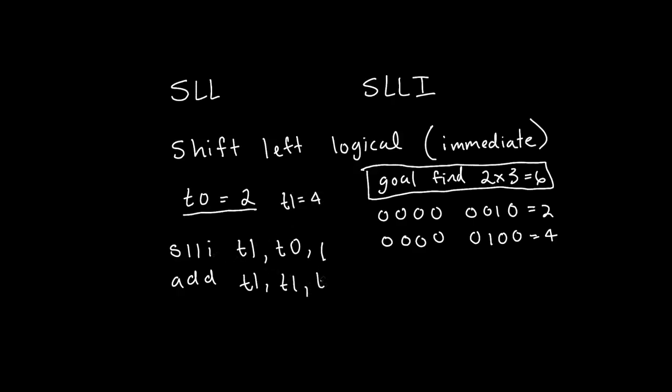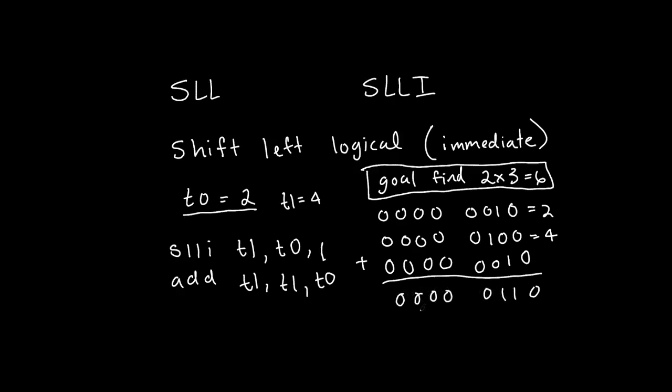And we are going to add the value that was in T0, which is 2. So if we're adding 2, we can just do it right here. And you can see this is indeed going to be 6. 4 plus 2. And that's a way that you can multiply by an odd number.